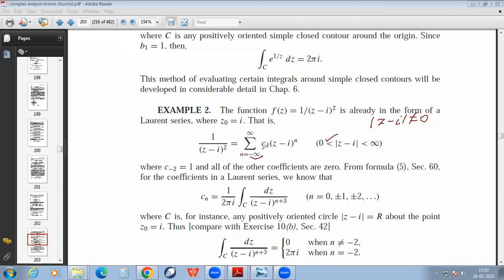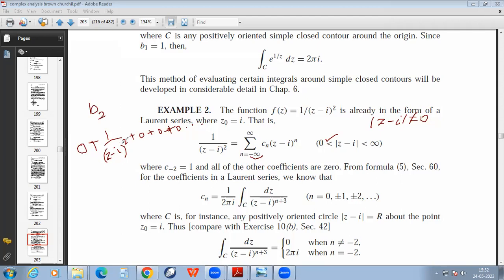So what will be the expansion? It is itself 1 upon (z minus i) bracket square. Rest all terms 0, plus 1 upon (z minus i) bracket square, plus 0 plus 0 plus 0 and so on. Positive powers have coefficient 0, all other negative powers have coefficient 0. Only this particular one will have coefficient 1. Which coefficient is this? This is b2.